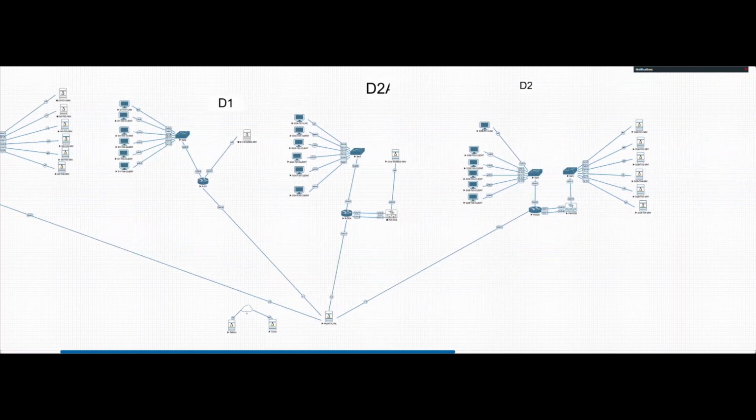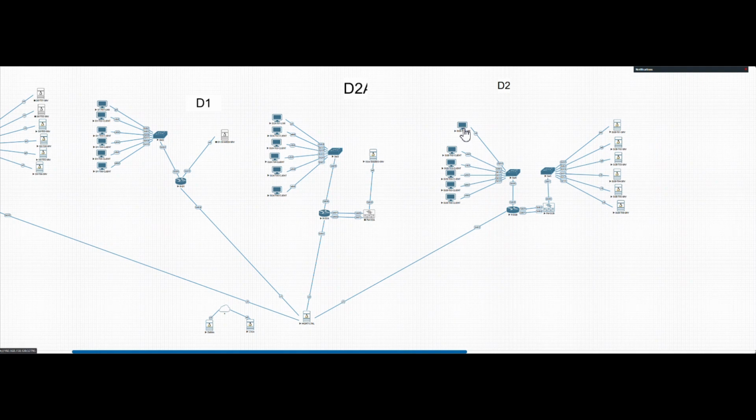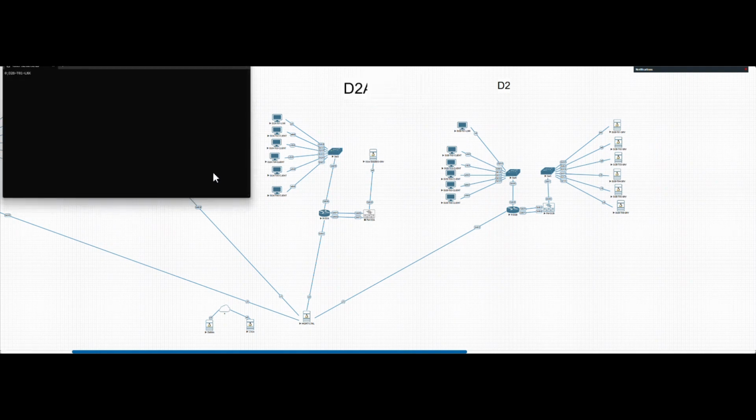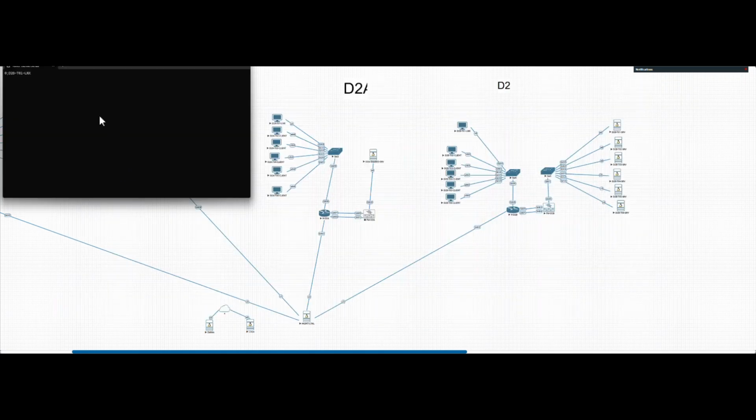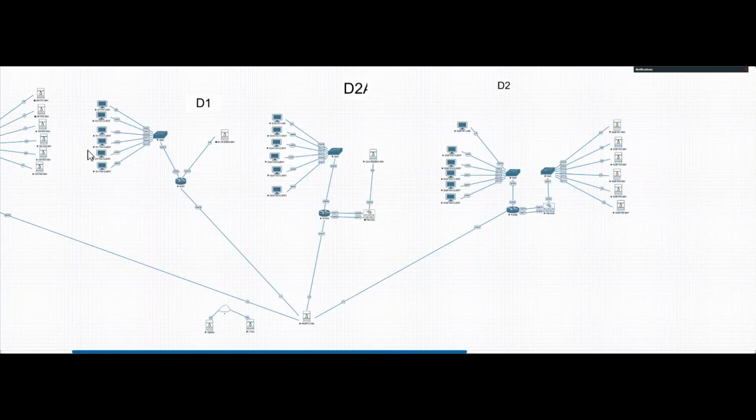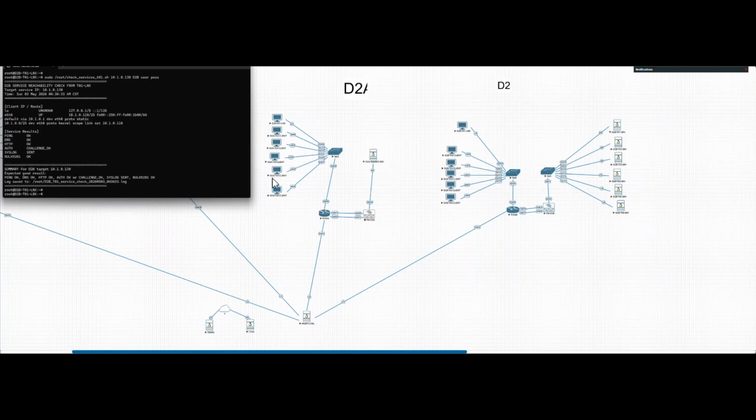Same thing for D2B. When we test it first, all services are reached. As you can see, we can reach all services.